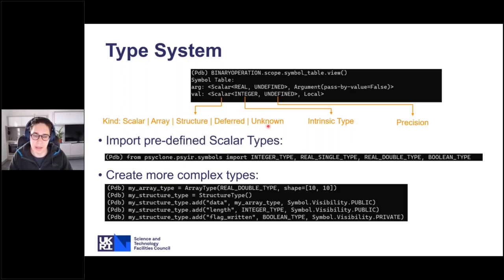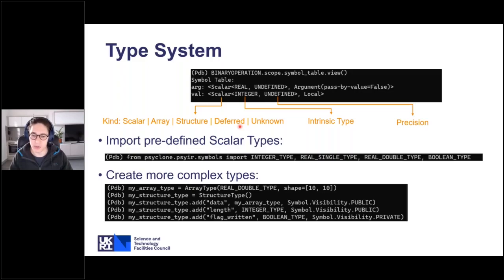But you will also see a lot of these deferred and unknown. The deferred ones are symbols that we have found in the code, but we have not found the declaration. This happens often because by default, when we import something from a module, for instance, we just see the symbol, but not the declaration.